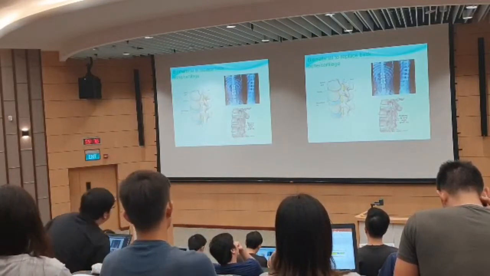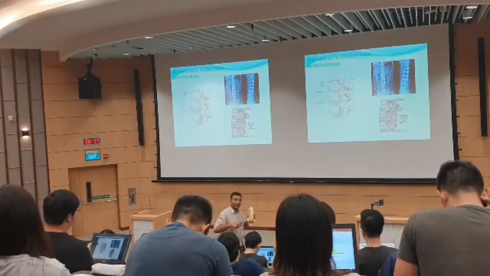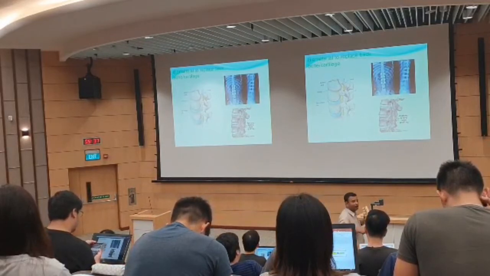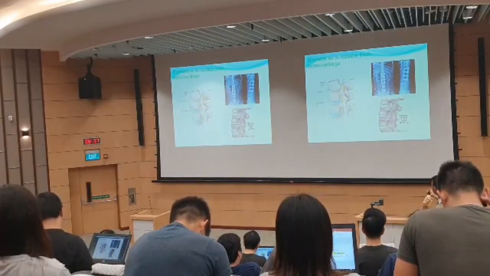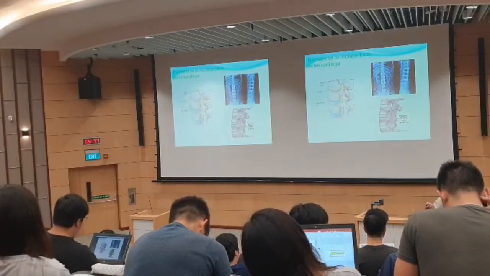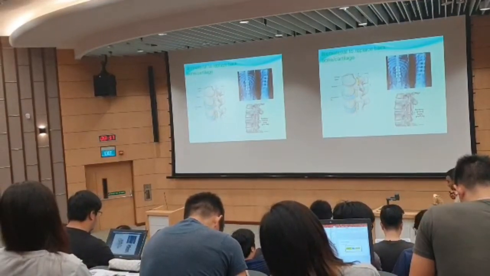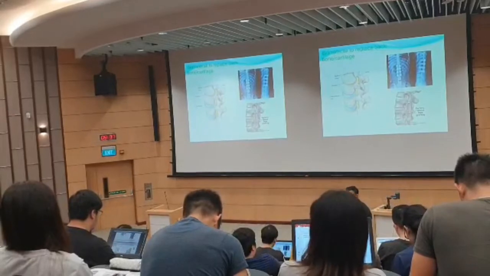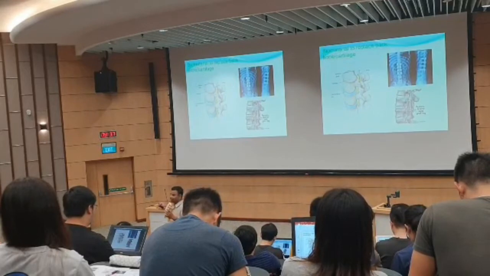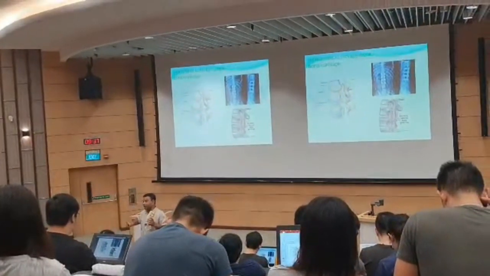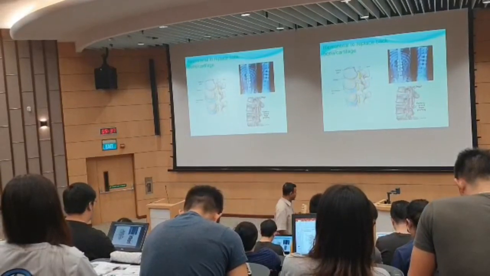But if we need to replace the disc as well, the whole structure, then we need a much more complex combination of different types of biomaterials: one having a function which will replace the hard tissue, which is the bone, and then a softer material which will replace the disc. So again, back to the very point that we need to identify what exactly we want to do, what exactly we need, and depending on that, we choose the appropriate part. That is the point I'm trying to make here.